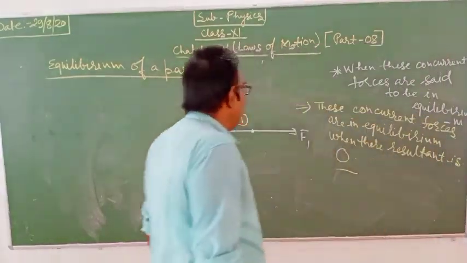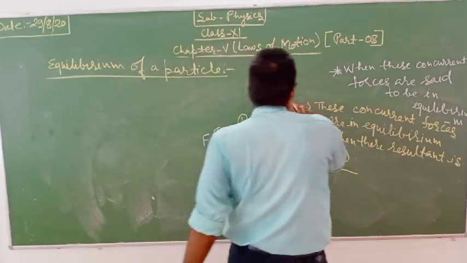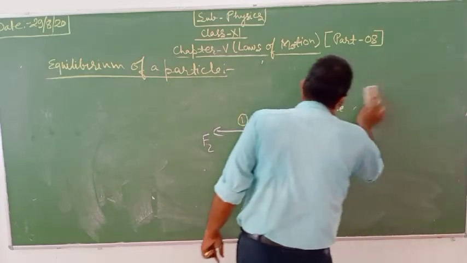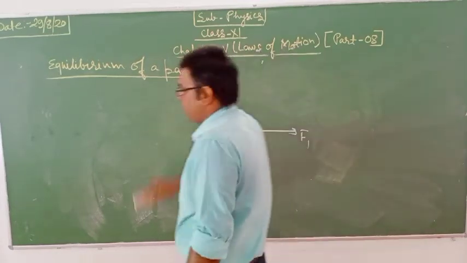For two collinear concurrent forces, how are they in equilibrium?